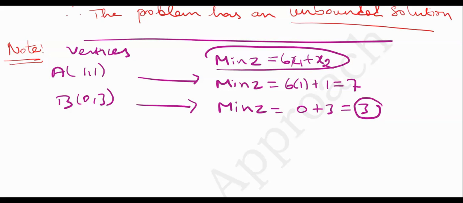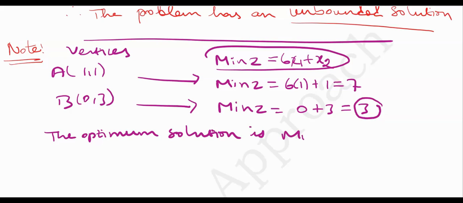Even if we have an unbounded region, the optimum solution is minimize z is equal to 3 at the point (0, 3).